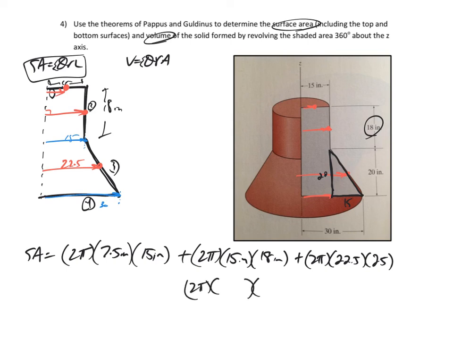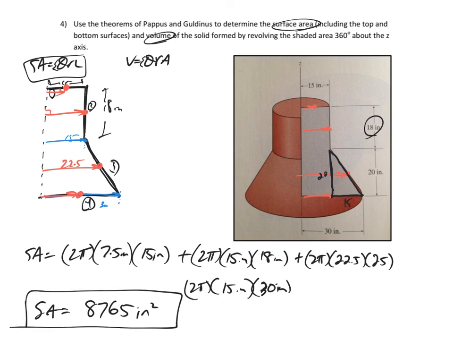The length of the bottom is 30, and the R for the bottom, the center of that 30 line, would be at 15. So sum all of those up, and I would get the surface area is 8765 inches squared. Those units do work out. All right, so that was the surface area.